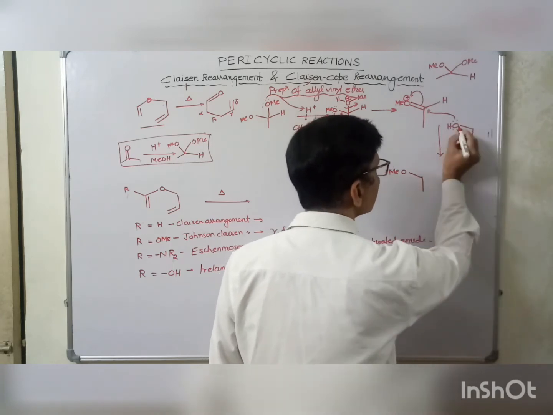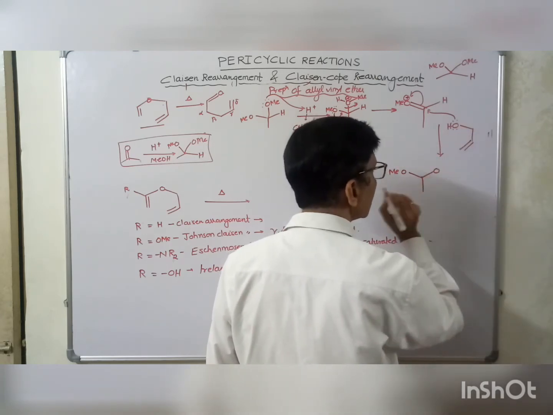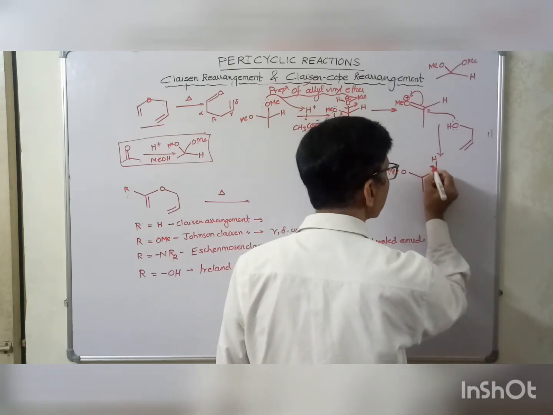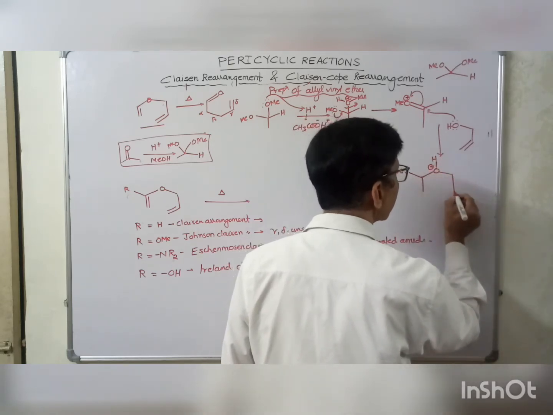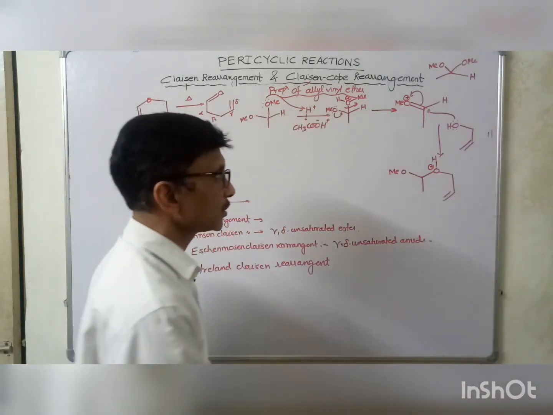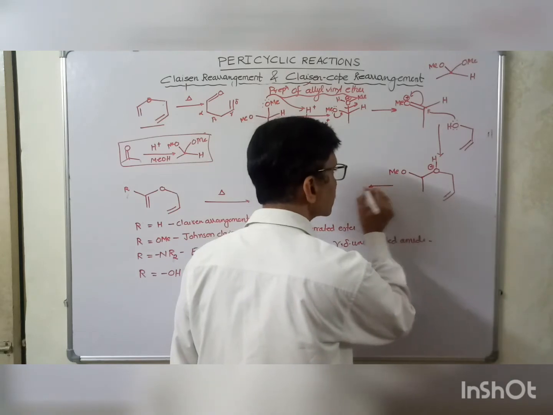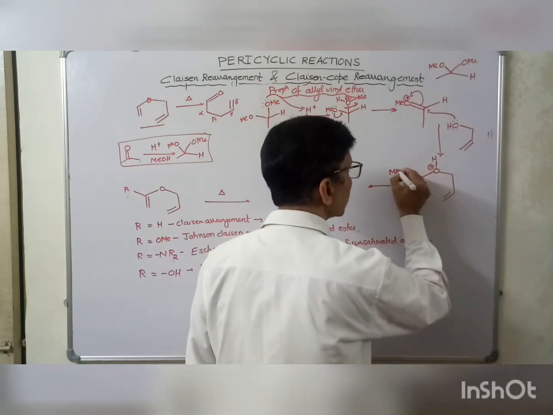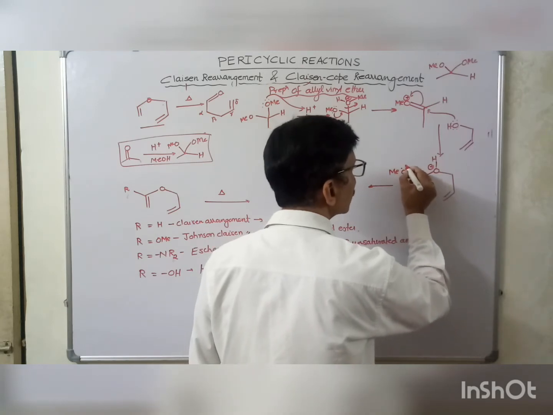This carbon forms a bond with this oxygen, and the oxygen has the positive charge over here, and this is our allyl group. Now in the next step, the positive charge will get neutralized by proton transfer.